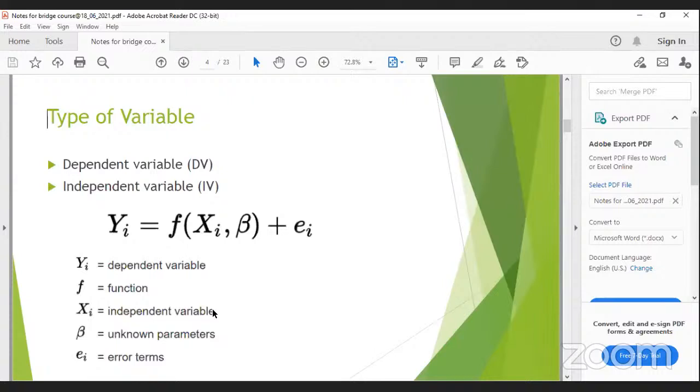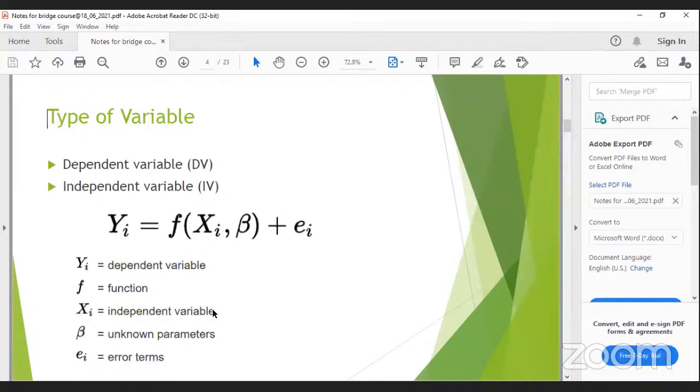We will take an example and then understand why one is called dependent and why the other is called independent. For now, just understand what variables are involved in modeling.